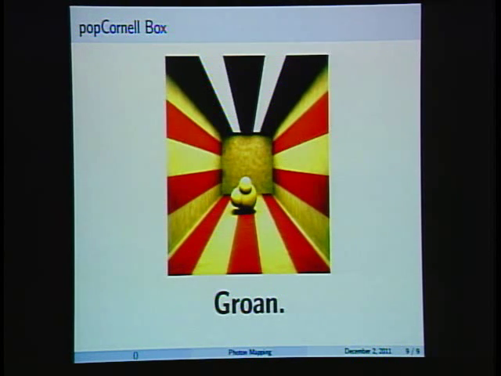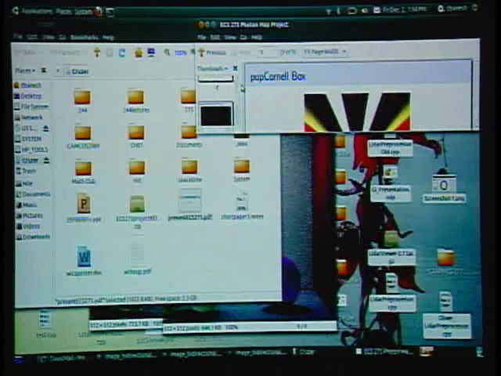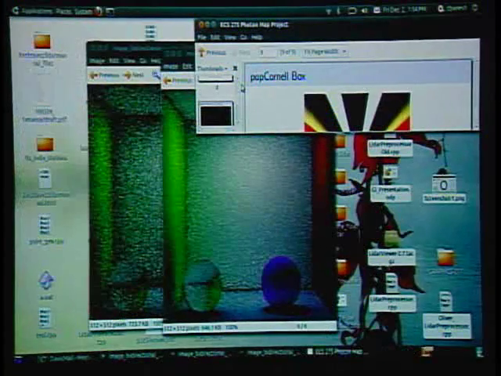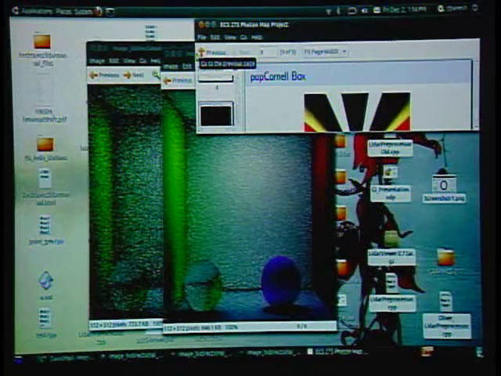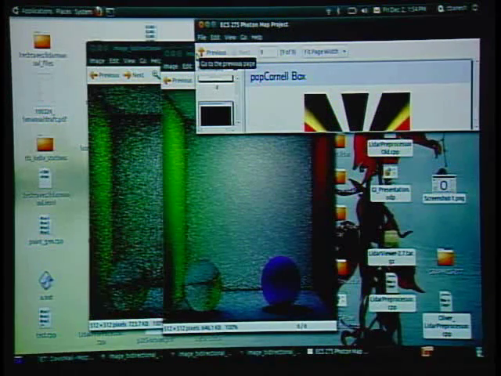Okay, so do we have any other thumb drives? While we keep this connected. Anyone else with a thumb drive? Yeah, come on up.